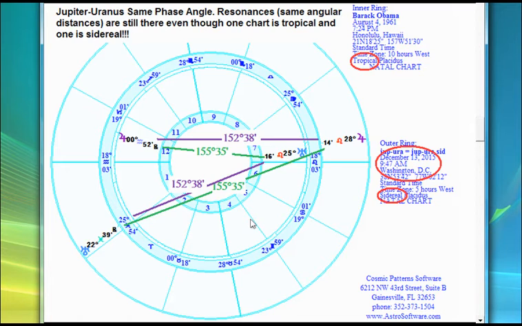So there you go, same phase angle. Now, I mentioned there are two patterns. There's another pattern that does the same thing, where you get the same resonance, but instead of having the same phase angle, the phase angle is opposite. So instead of Jupiter being 155 degrees 35 minutes ahead of Uranus, we'll have it behind Uranus.